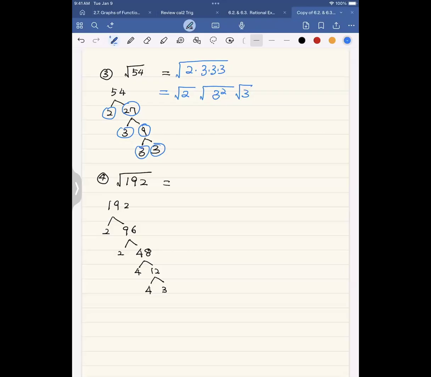Then the 2 and this square root will cancel each other. So we will get 3 for this part, and we have 3 times square root of 2 times square root of 3. So we can write it as 3 times square root of 2 times 3, and that's 3 square root of 6.